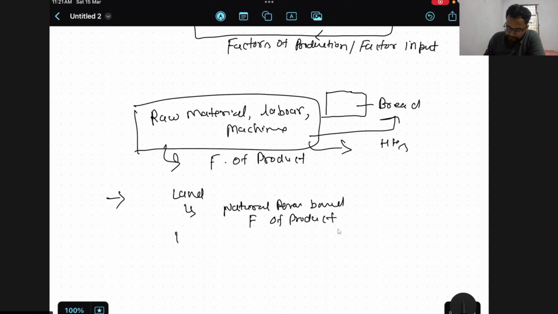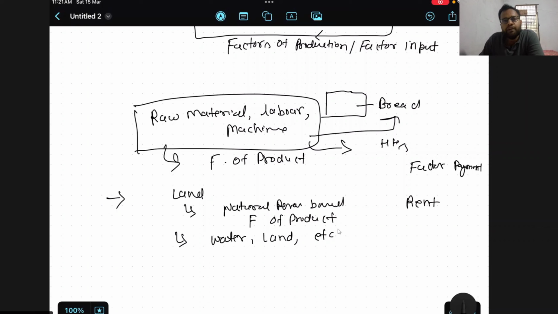For example, water, land. You can think of many more examples of natural resources; they will come under land. And the factor payment for these resources given by the firm to the household is known as rent.